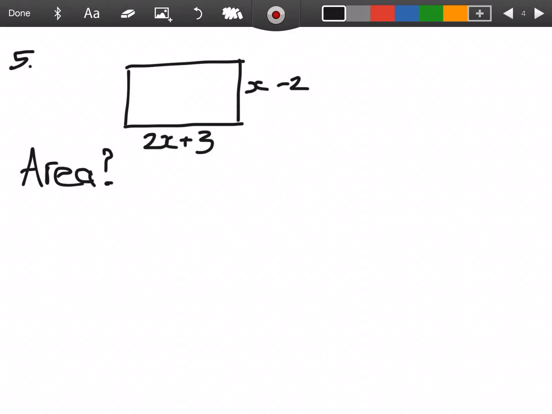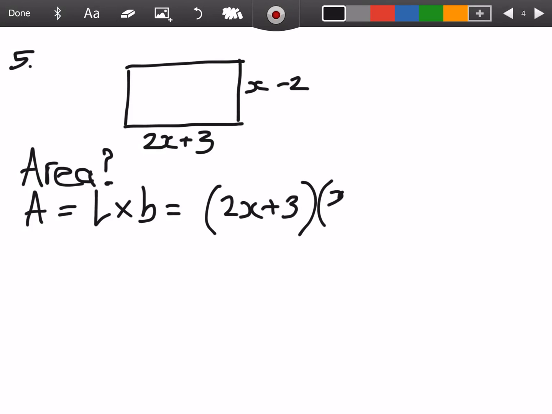Now the area of a rectangle is the length times the breadth. So we want to multiply the 2x plus 3 by the x minus 2. And that's how we write that out, that we're multiplying them by each other.